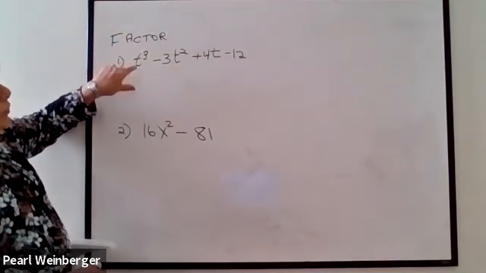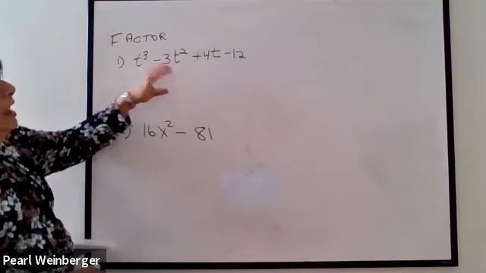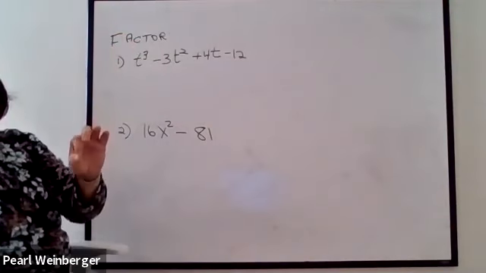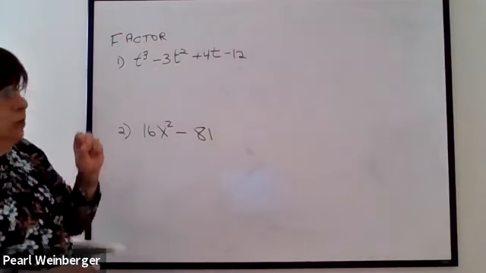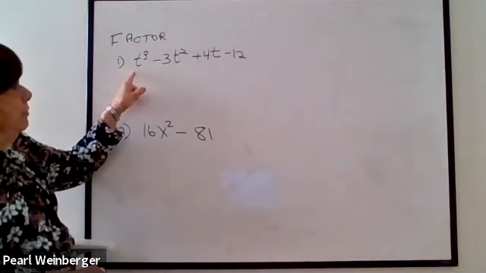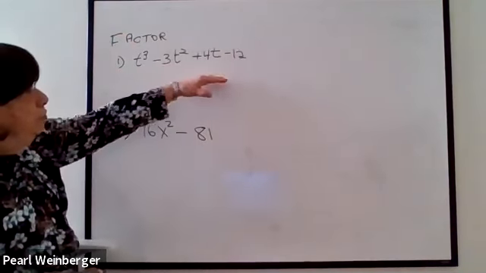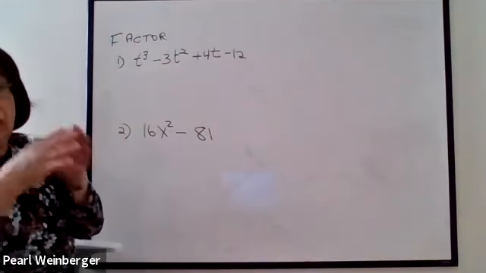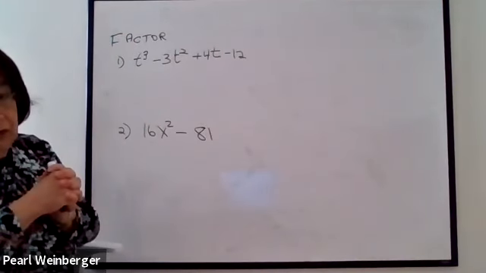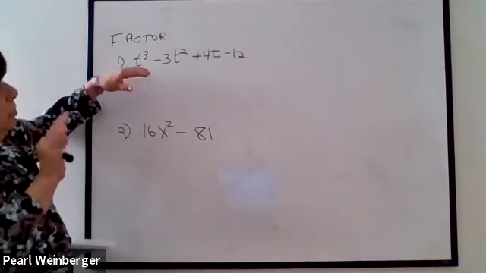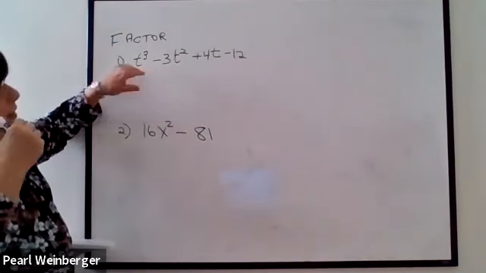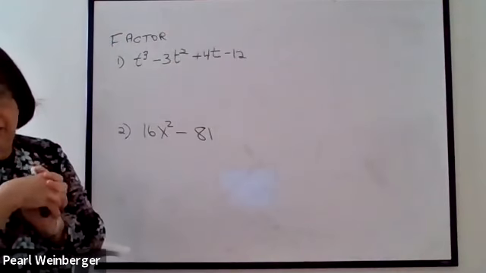So if we look at this first one, in every single instance, the first thing I look for is, is there a common factor? And if you notice, there is no common factor. If there are 4 terms, it would have to go into every single one of the 4 terms. So the next thing we look at is, how many terms does it have?